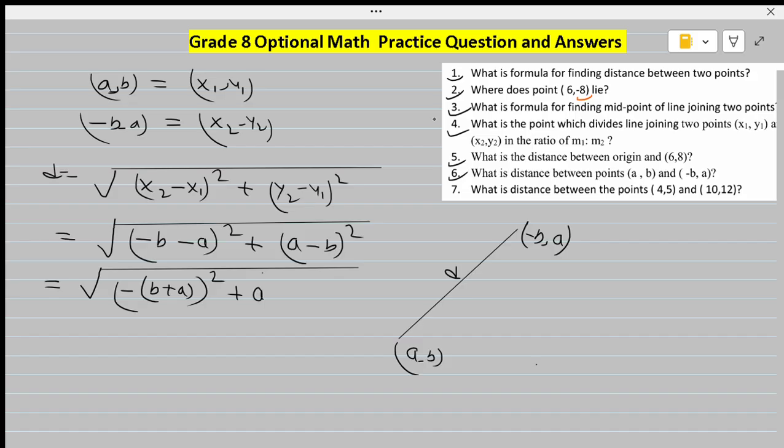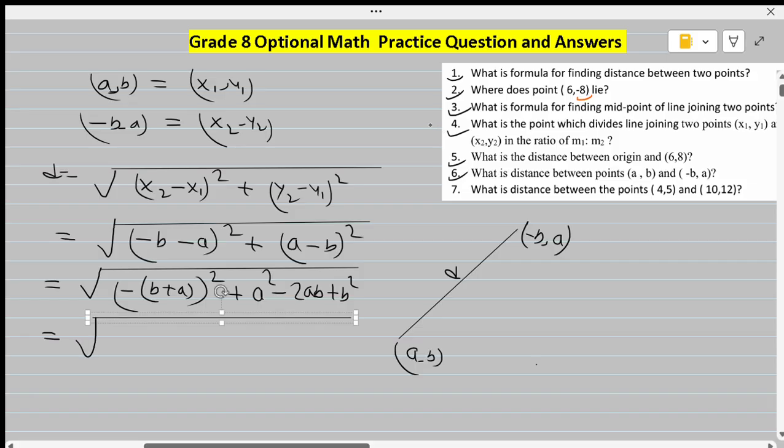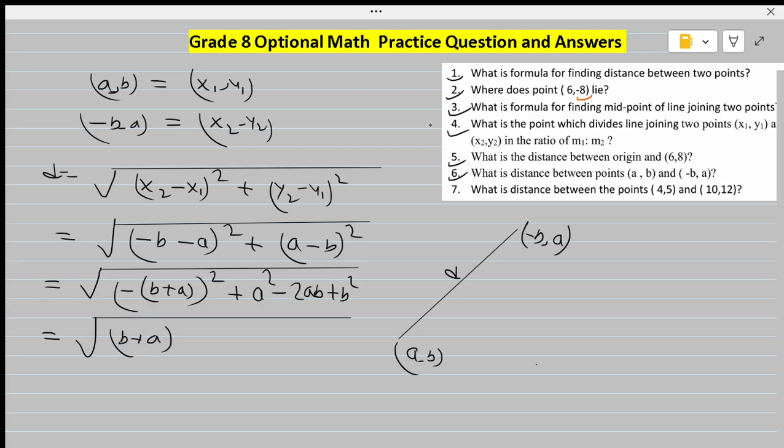We can expand it and write a square minus 2ab plus b square, and again we apply root over. So (b plus a) whole square is there, and this same I copy, a square minus 2ab plus b square, and again one more time I expand.